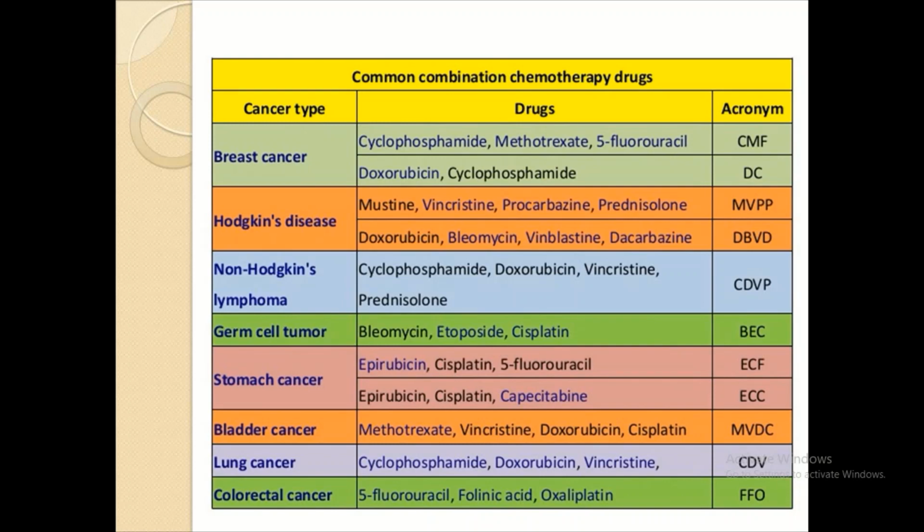Likewise for each cancer, for example, Hodgkin disease, they use mustine, vincristine, doxorubicin, bleomycin, bendamustine. Germ cell tumor, stomach cancer, they use epirubicin, cisplatin, 5-fluorouracil. For colorectal cancer, specifically they use 5-fluorouracil, folinic acid and oxaliplatin. So likewise, the combinations of these chemotherapeutic drugs are used based on the cancer type.